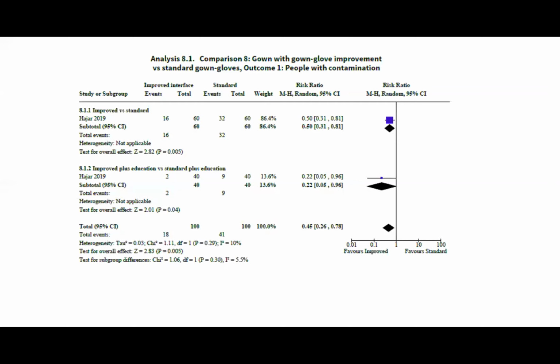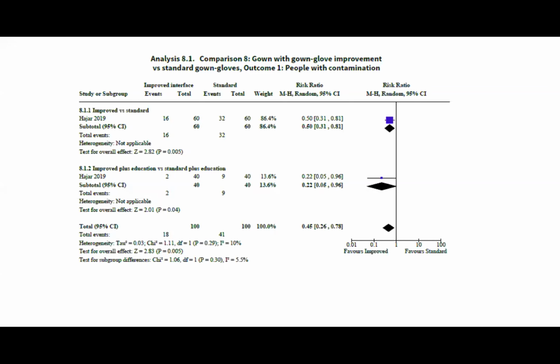So you can see there's two subgroups, one study in the improved versus standard group, and another study within the improved plus education versus a standard plus education group. And then we get the individual studies, and then we have the overall diamond, which shows the results where these two studies have been combined into one.